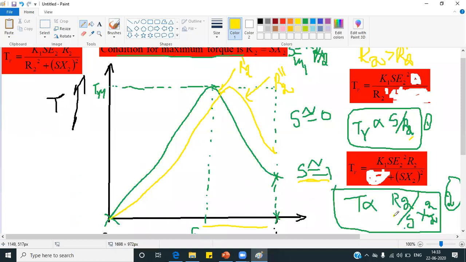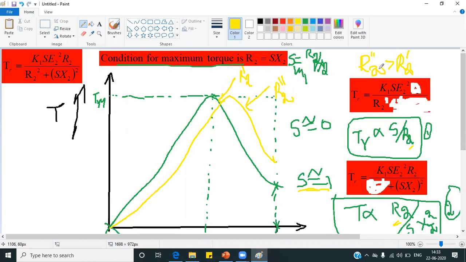Here torque is proportional to R2. R2 double dash is greater than R2 dash. That means this yellow line is for when rotor resistance is higher. It's directly proportional, so I have increased it. That's why the yellow line is above the green line.